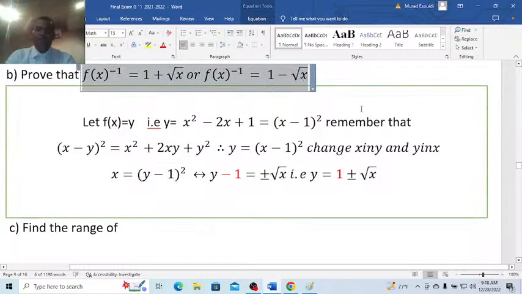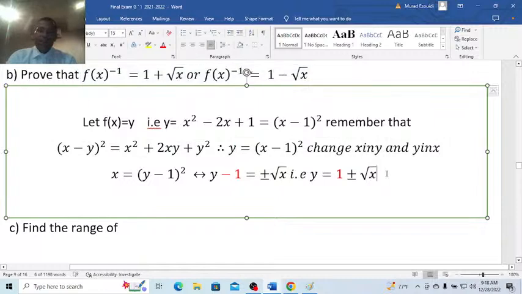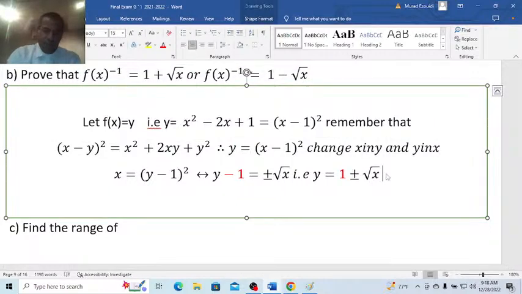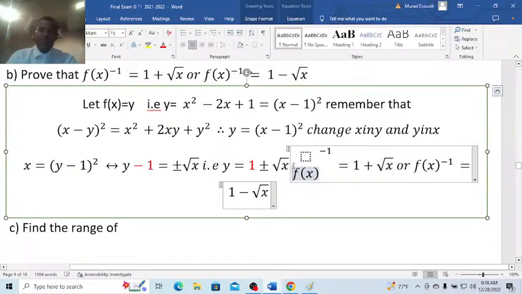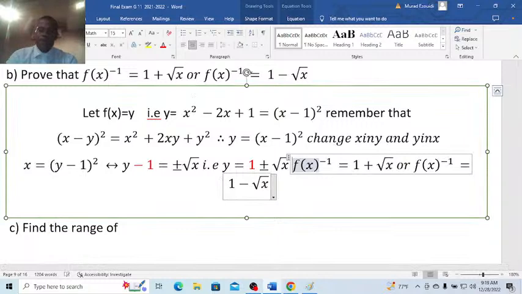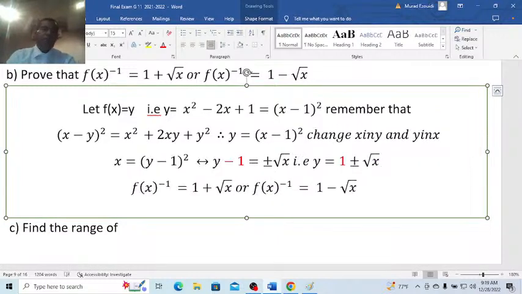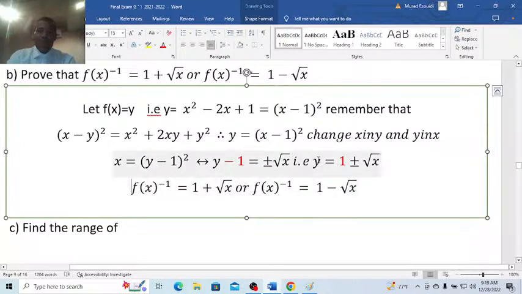So we have f minus 1 of x is 1 plus root of x, or 1 minus root of x.